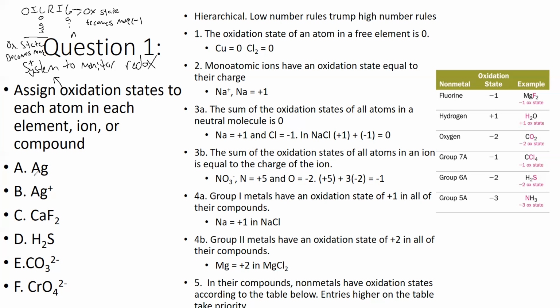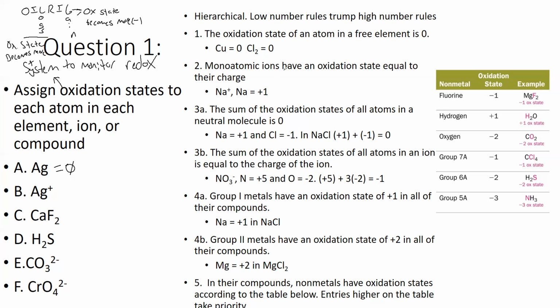So if we go to 1A, we have Ag. Ag is by itself. Therefore, the oxidation number of Ag is 0. It's by itself and doesn't have a charge. So we assign that as 0. Rule 2.